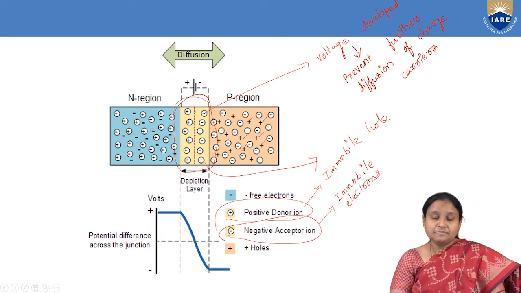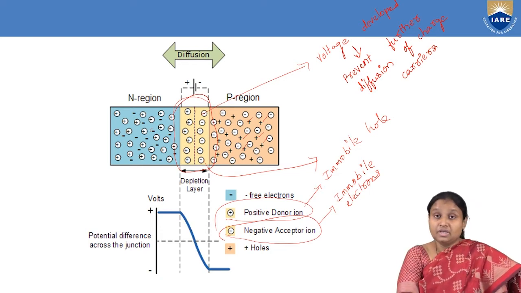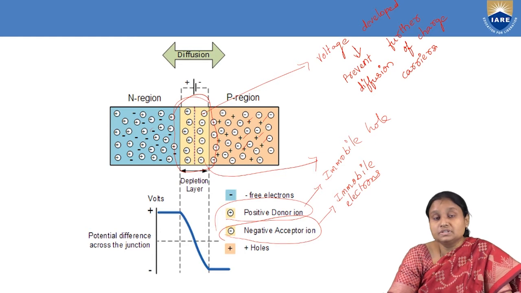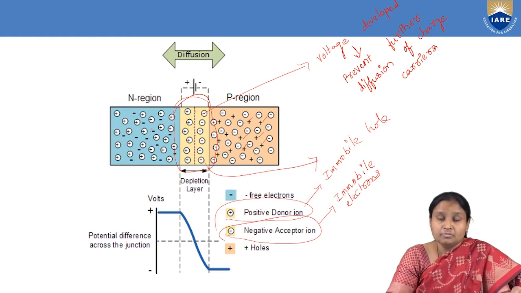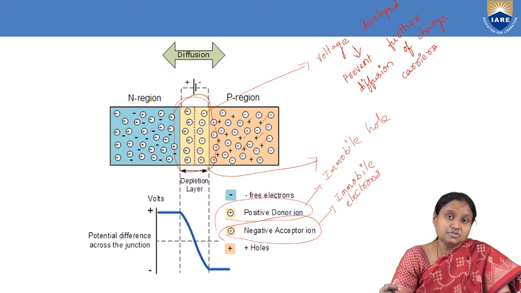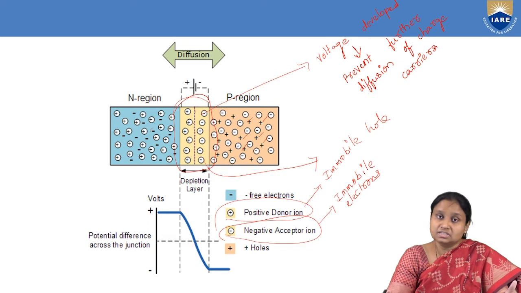So what you'll observe here is, of course, because we have a lower concentration region and a higher concentration region, we have diffusion of charge carriers. And once this migration of holes and electrons across the junction is going on, after some time there will be a full stop to this flow of charge carriers. Why?